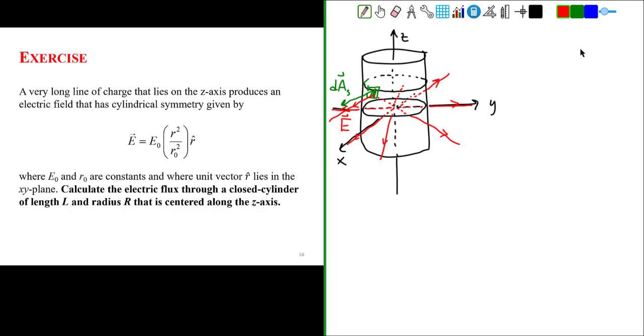Let's look at a top-down view looking down from the positive z-axis for perspective. If we are looking down from the positive z-axis, then the x-axis will be going down, the y-axis will be going to the right. Here is our cylinder.